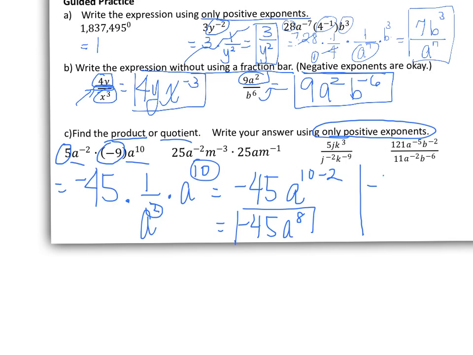I can just simply do this. Negative 45, a to the negative 2 plus 10. And that would be negative 45 a to the 8th power, and then we get the same answer. Okay? Now let's move on to the next problem.